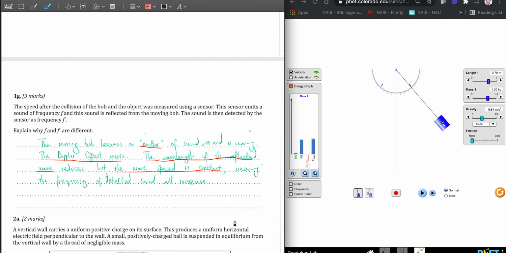The combination of these two factors, decrease of wavelength but constant speed, means that my frequency, which is v divided by lambda, is going to increase. So you're getting a mark for talking about the decrease in the wavelength, and a mark for talking about the constant speed.